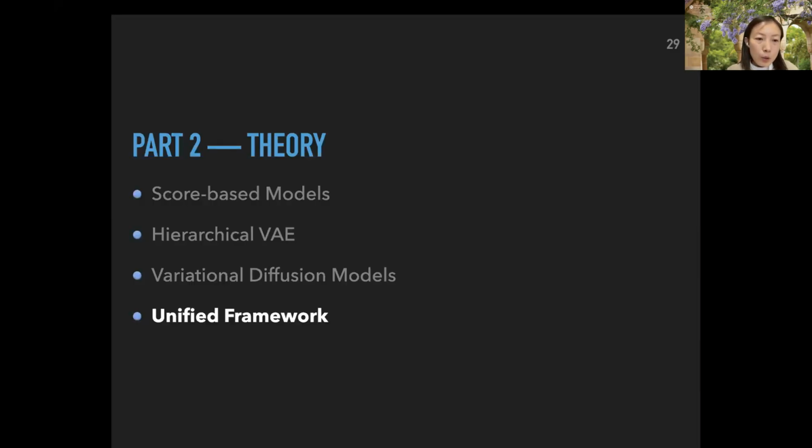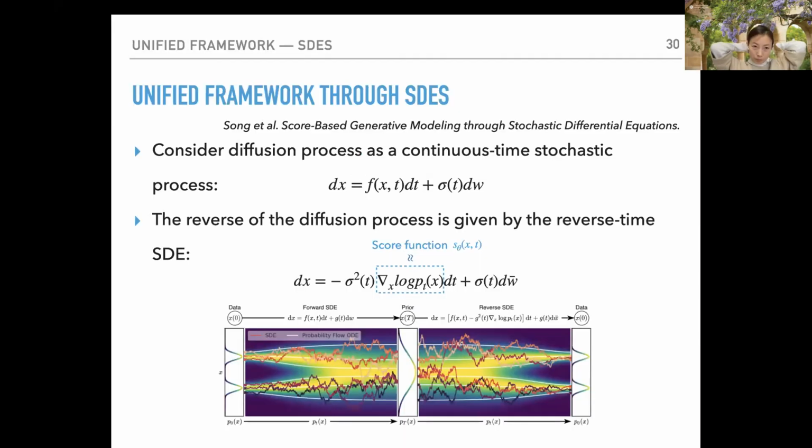And finally, I want to introduce a unified framework. Consider the diffusion process as a continuous time stochastic process. We can transform the diffusion process from discrete time to continuous time.